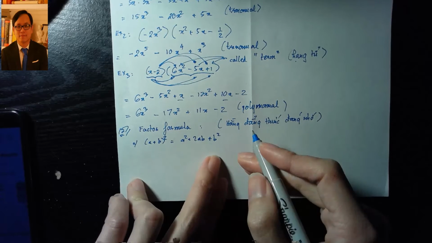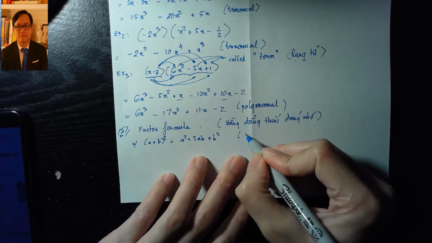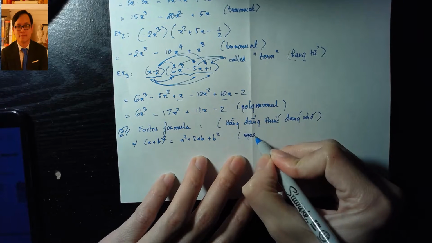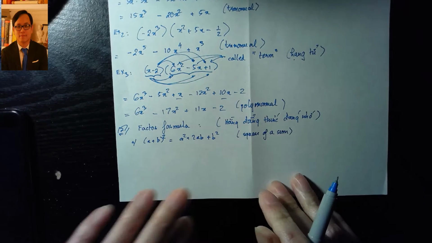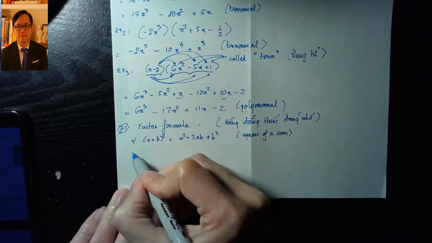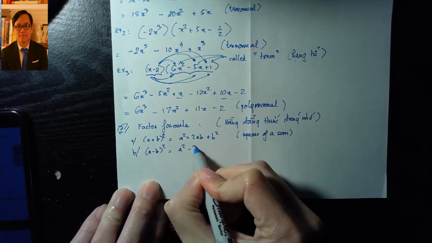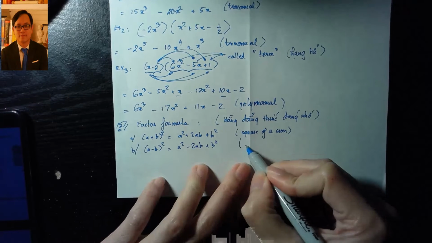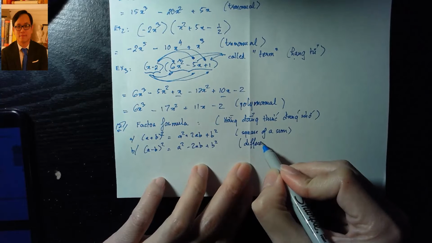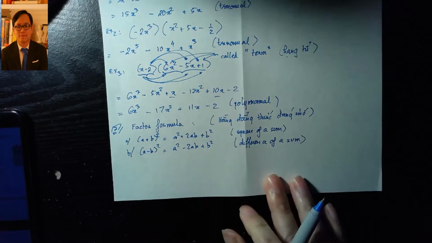So in English, this factor formula is called the square of the sum. Square of the sum. Okay. Second one is a minus b squared will be a squared minus 2ab plus b squared. This is called difference of the sum.